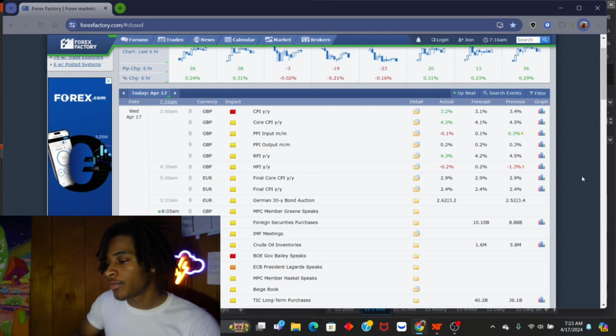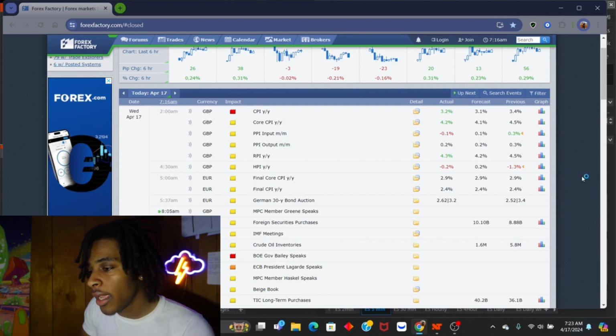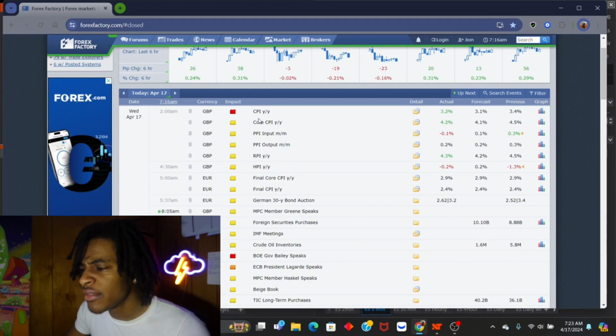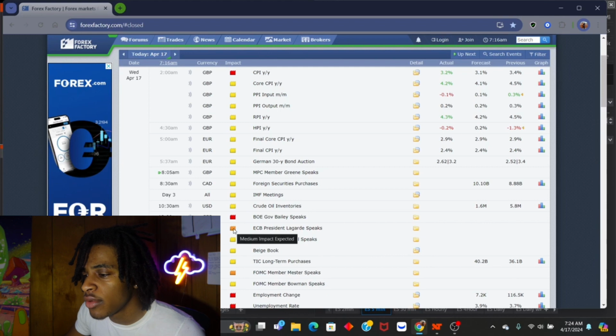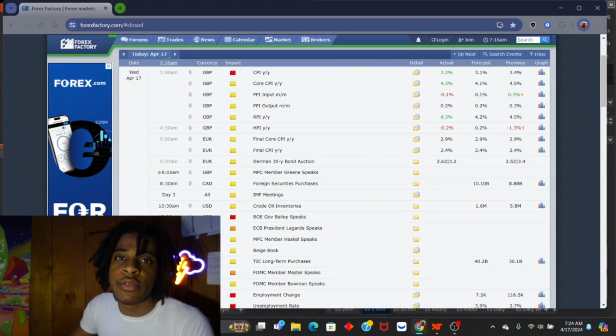So I come to my laptop and I look at news, and the first thing I see is we have no high impact news for today. High impact news is red, medium impact news is orange, and yellow is low impact, which means it really ain't gonna do too much.